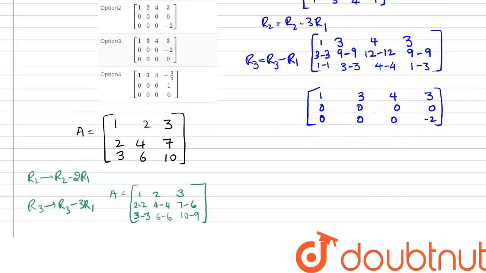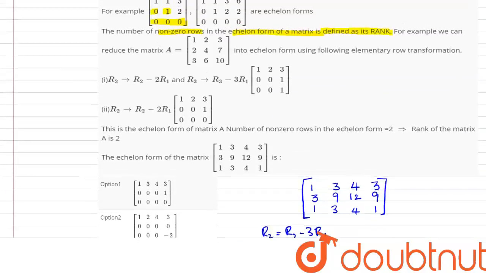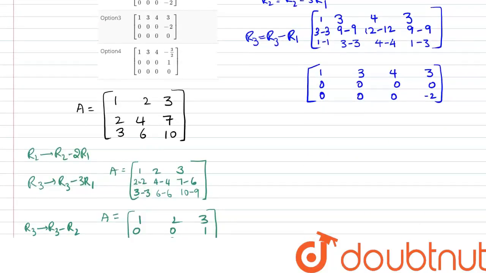Now to transform it into echelon form, non-zero element rows should be before the zero row. That means we can exchange R3 with R2. We get 1, 3, 4, 3, 0, 0, 0, minus 2, 0, 0, 0 and 0.